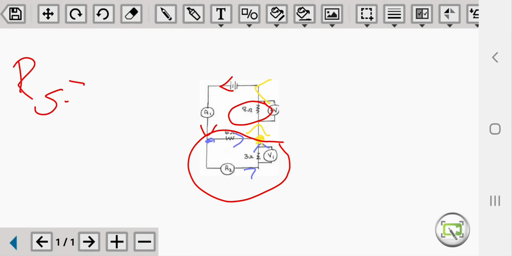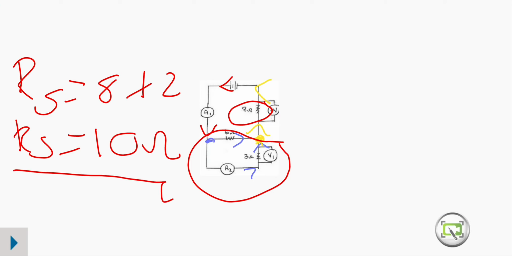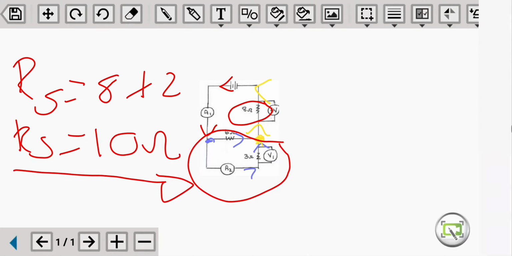So resistance in series is equal to the 8 ohm plus the 2 ohm that we've calculated. And that will give us a final resistance of 10 ohms. So this is the very common question 1 type in any circuits, to calculate the effective external resistance of a circuit. And this is how we can break it up: first calculating parallel resistance and then adding it to any series resistance.